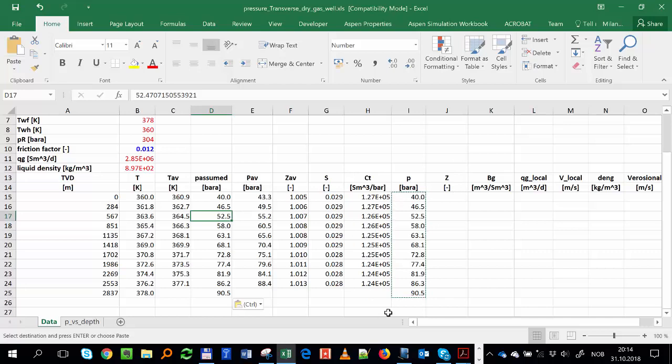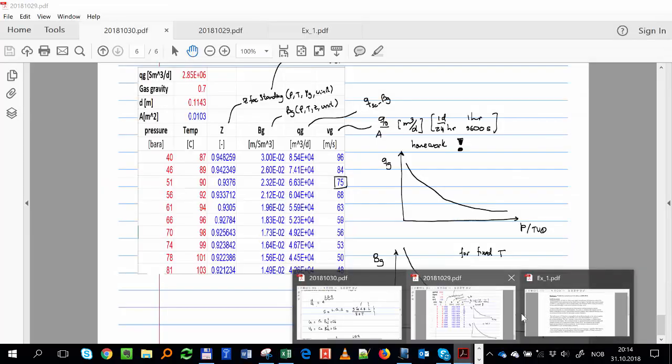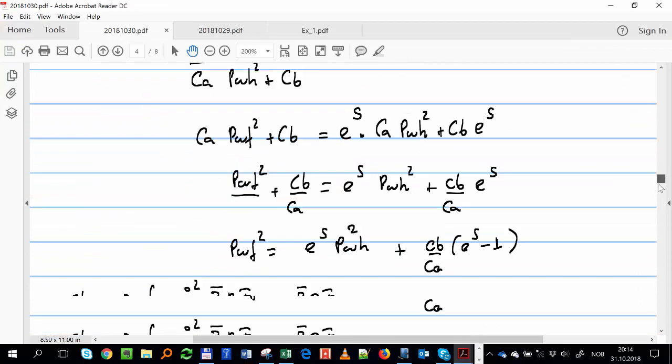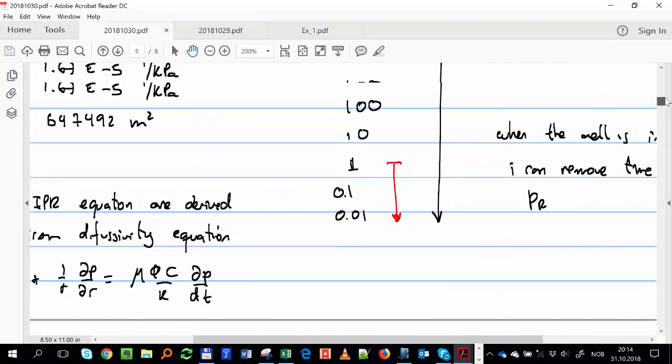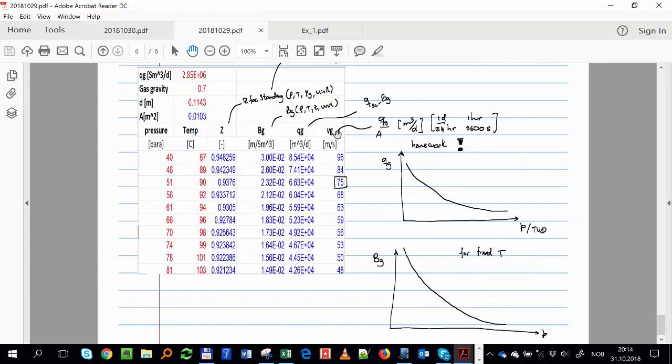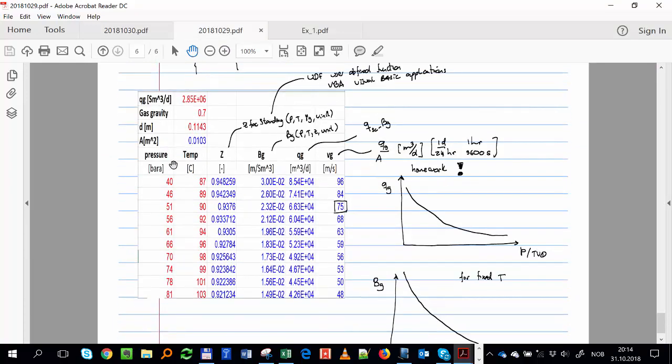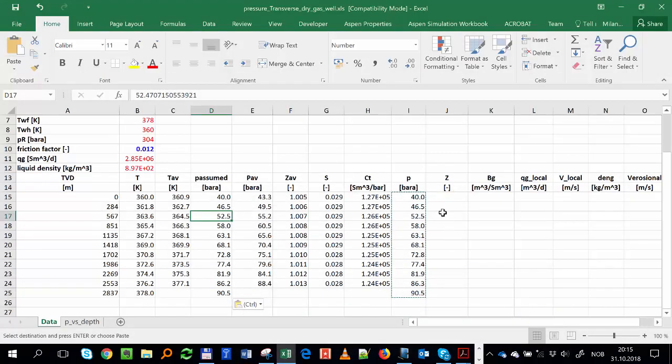That's what we did before. If you remember, we had pressure, temperature, then we need the Z, right? Then with the Z we calculate BG, then with BG we calculate the rate, and then we calculated the velocity of the gas. So now we're repeating this exercise, but now we know where this P came from.